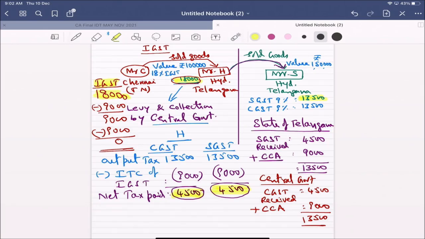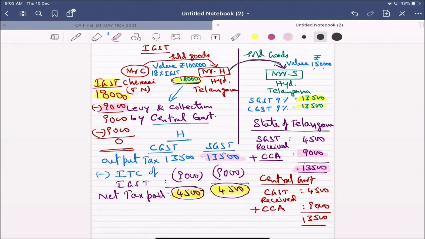So the state government got lesser revenue than 13,500. Therefore, CCA, Central Clearing Agency, comes into picture, debiting the IGST 9,000 and crediting to state SGST 9,000. Thereby, totally the state government got 13,500. Their revenue, they got it. Is it clear, my dear?